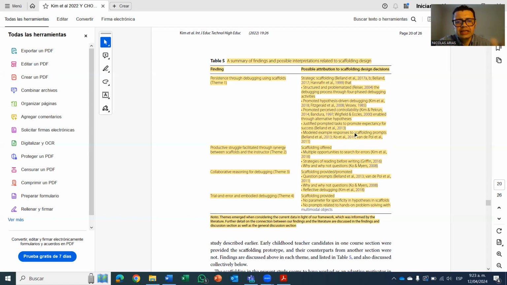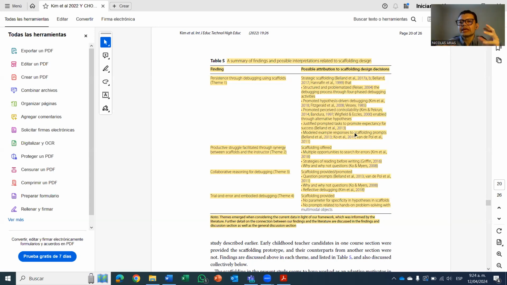In the second finding, or the second theme, they find that productive struggle was facilitated through synergy between scaffolds and the instructor. Scaffolding offered multiple opportunities to search for errors and strategies for reading before writing, and why and why not questions.